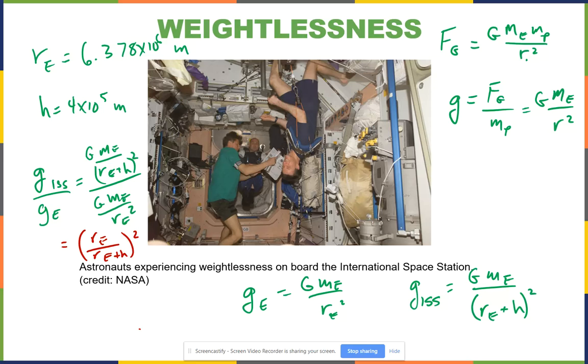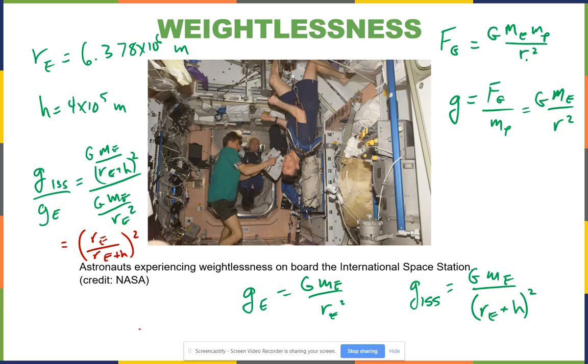So all I have to do is take those numbers, the ratio of 6.378 times 10 to the 6th on top, divide by the bottom, which would be 6.778, and square it. 6.378 divided by 6.778, take that number, which is 0.94.